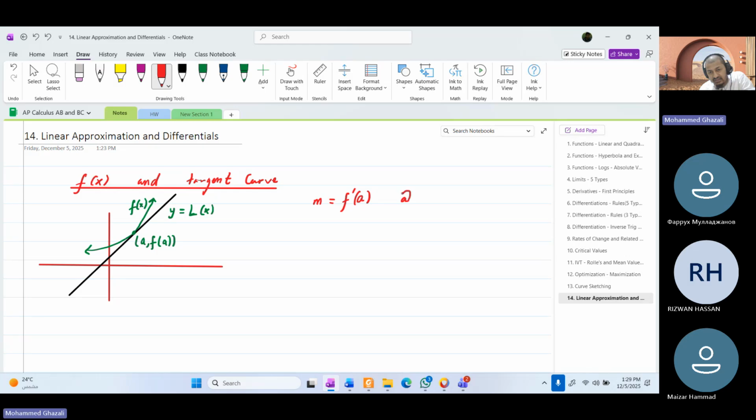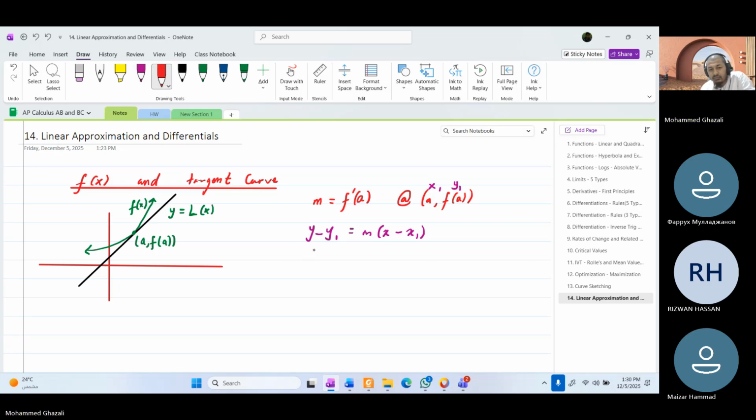And we have a point which is a and f of a. So I am trying to find the equation of this tangent line. We have done it before, I'm just revising this. If I find the equation of this tangent line, it's a linear function or linearization. We will say y minus y1 is equal to m into x minus x1. So there's my x1, which is a, and that's my y1, which is f of a.